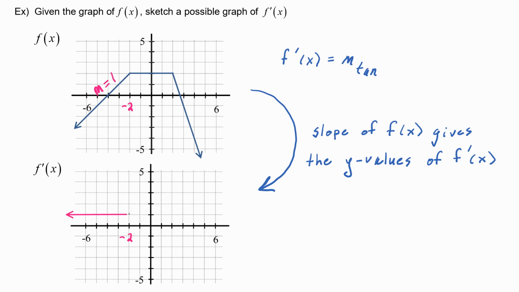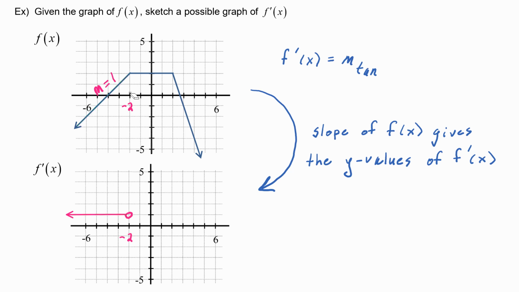And now right at negative 2, we put an open circle, because that's the point where it's changing over from one piece to a different piece. So because the slope of f equals 1, the y value of f prime equals 1.